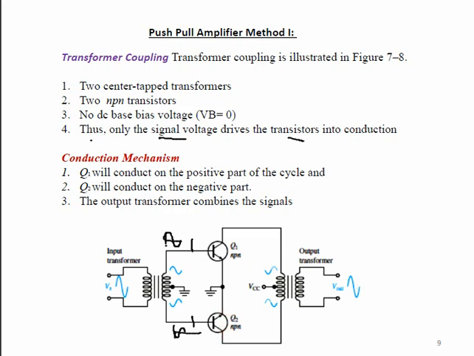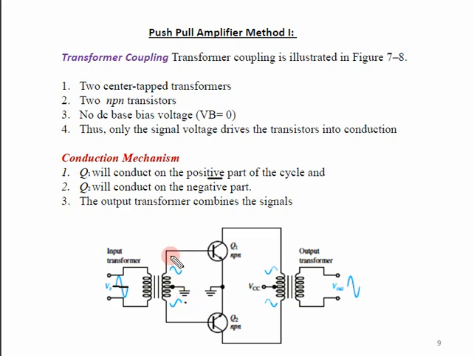So what is the mechanism? How it operates is well defined here. Q1 will conduct on the positive half cycle. The signal is split into two equal and opposite, out-of-phase waveforms.